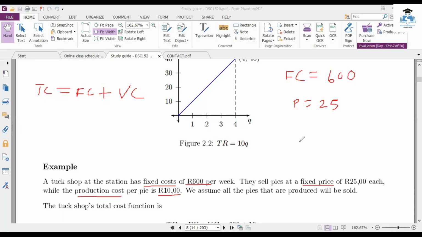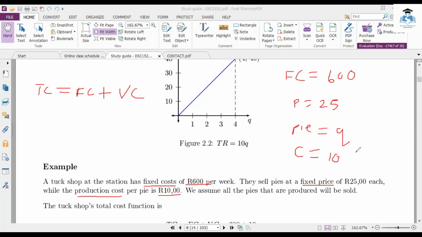So we have Q, which represents the product that is being produced. And also we have a small letter C for the cost, which is this 10 Rand.